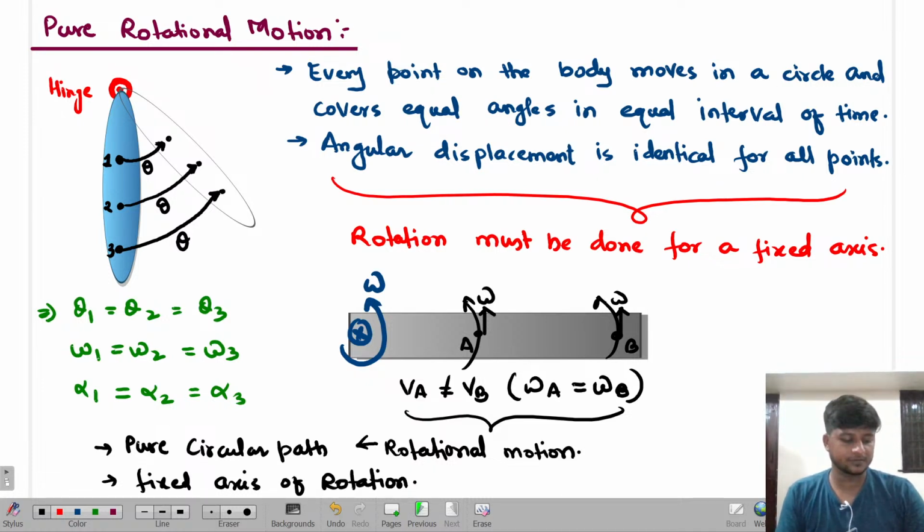Are you able to get me or not? Okay. So this is called pure rotational motion and pure translational motion.